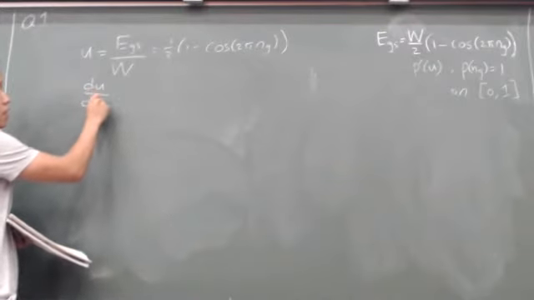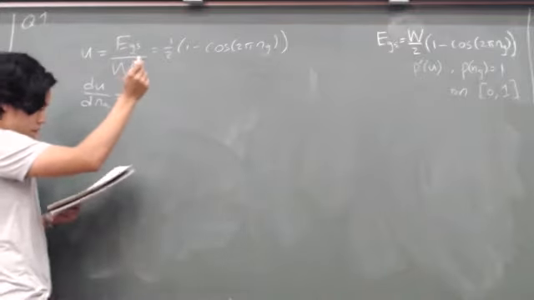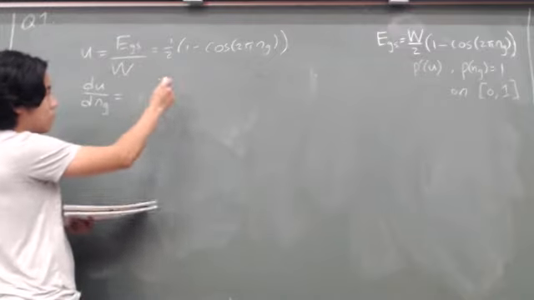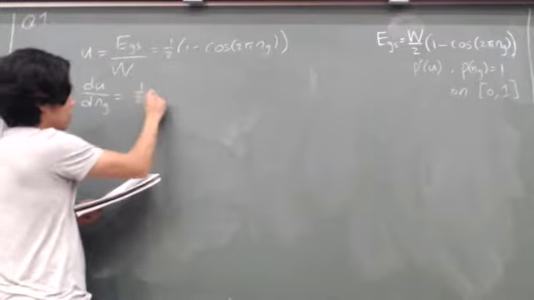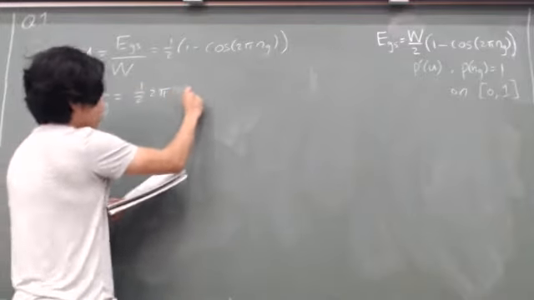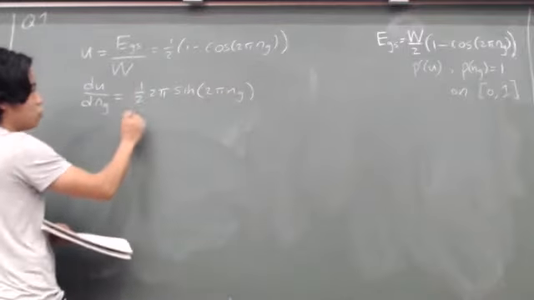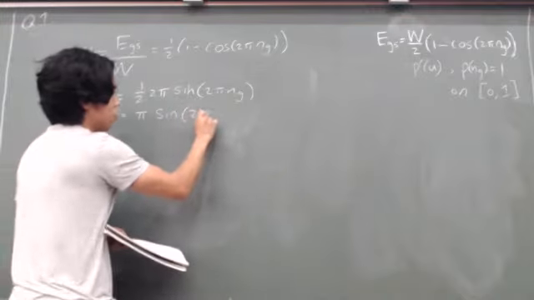Du dng is equal to, minus, no, not minus. The derivative of cos is minus sine, so the minus signs cancel out. So we just get 1/2 times 2 pi sine of 2 pi ng. The 2's cancel out, so we just get pi sine 2 pi ng.